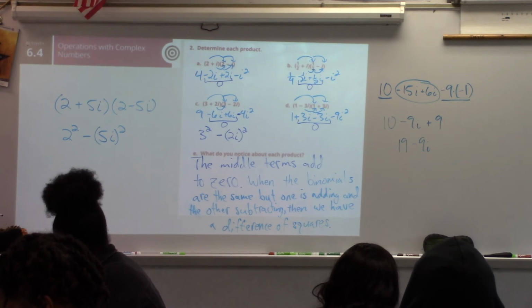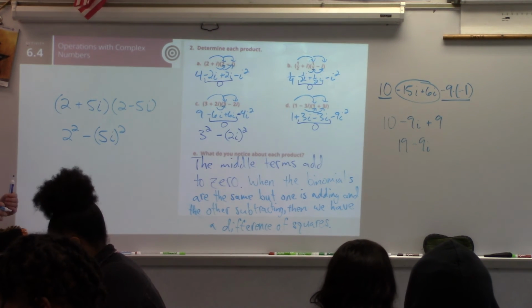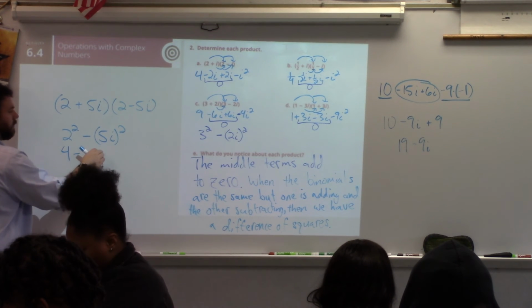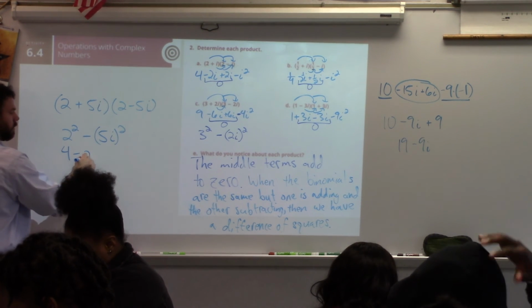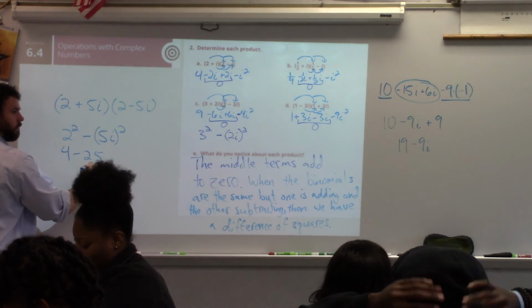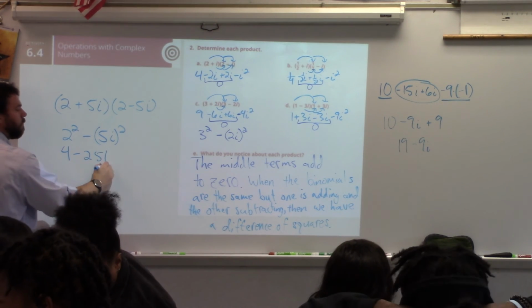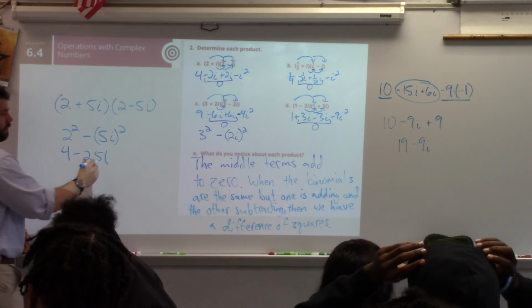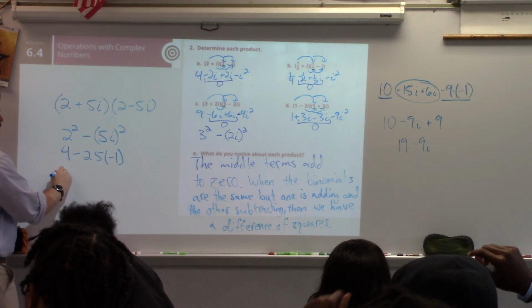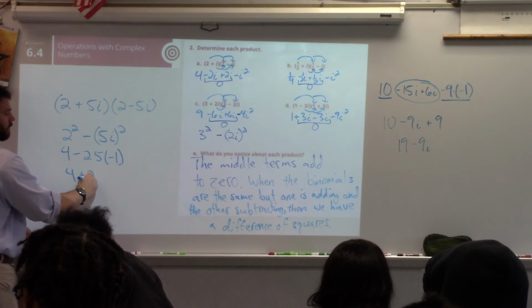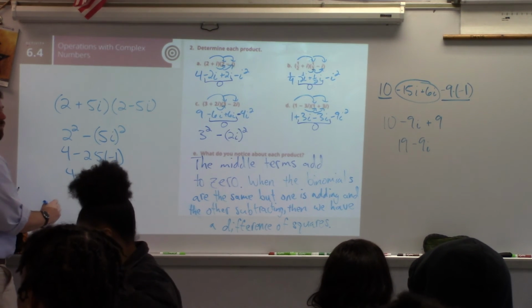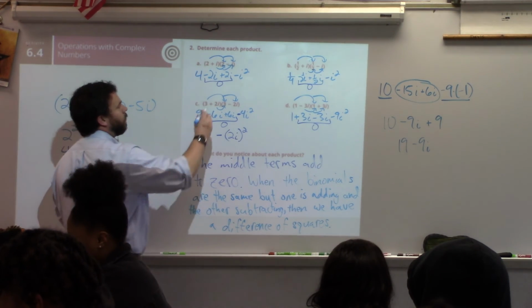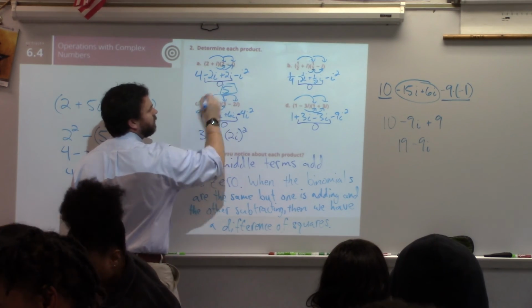Thank you. Do not forget though, 2 squared is 4 minus 5 squared is? 5 times 5 is 25. But what is i squared? 4 plus 25, which is 29. Y'all, we should have gotten a 5 here.